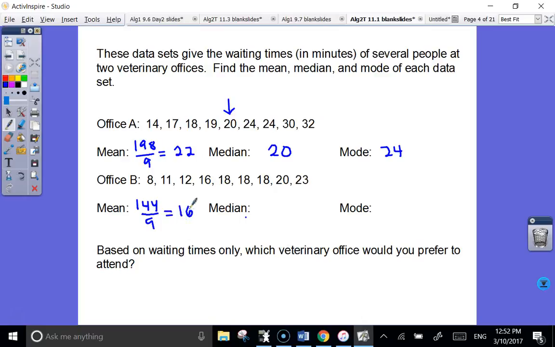Okay, what is the median? 2, 3, 4. The middle number is there, so that's 18. And the mode is 18.